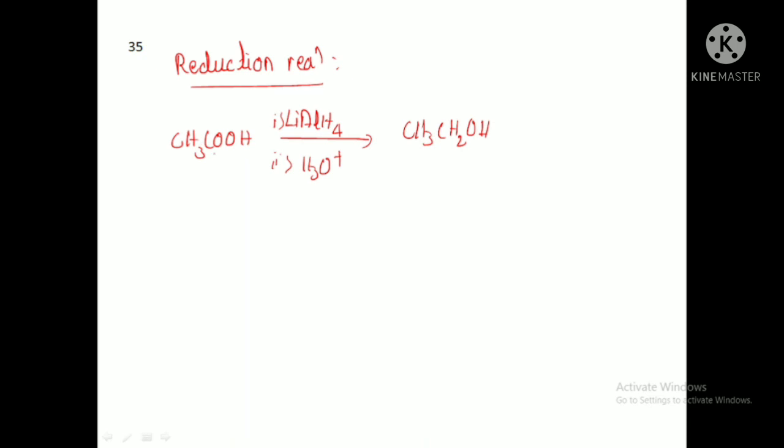So reduction of acids with lithium aluminium hydride, or any other reducing agent, followed by acidic hydrolysis will give alcohol. Here it is ethanol.